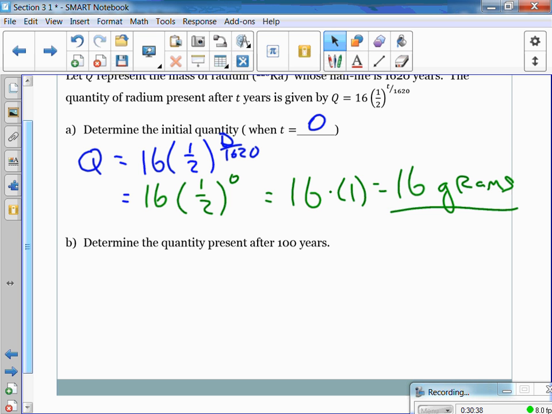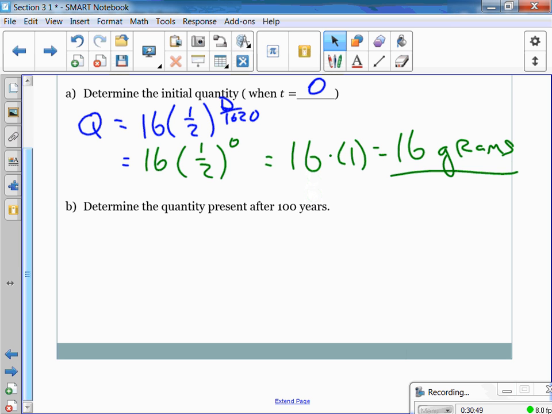So, what about this? Determine the quantity present after 100 years. So we plug it back in the formula, but now instead of the 0, if you're going to try to use your calculator in your head, good luck. You may be here a while. So using that 16 times 1/2, all raised to the 100 over 1620.